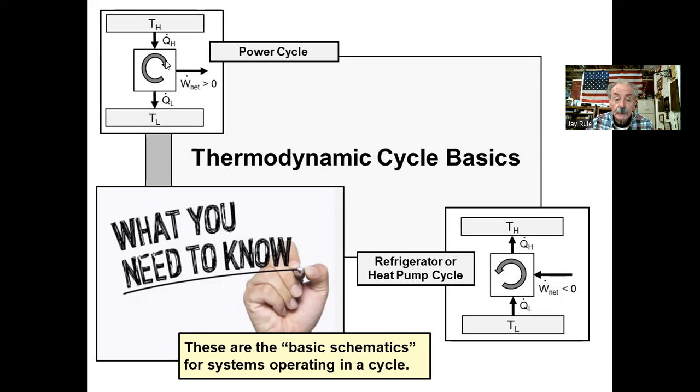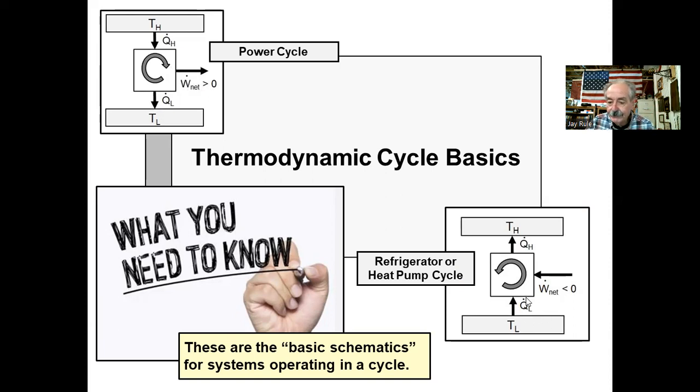For a power plant, we see some arrows. We see heat flowing into this black box and heat flowing out of the black box. Those are the arrows. We also see net power flowing out of the black box. So three arrows, three directions of energy transfer.